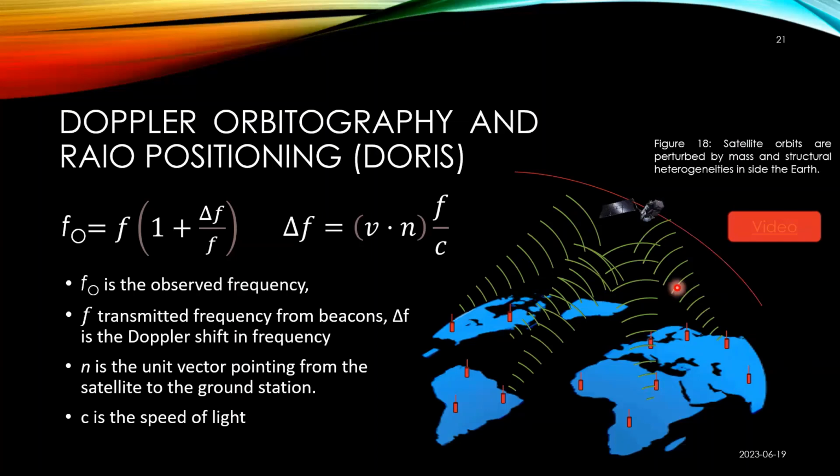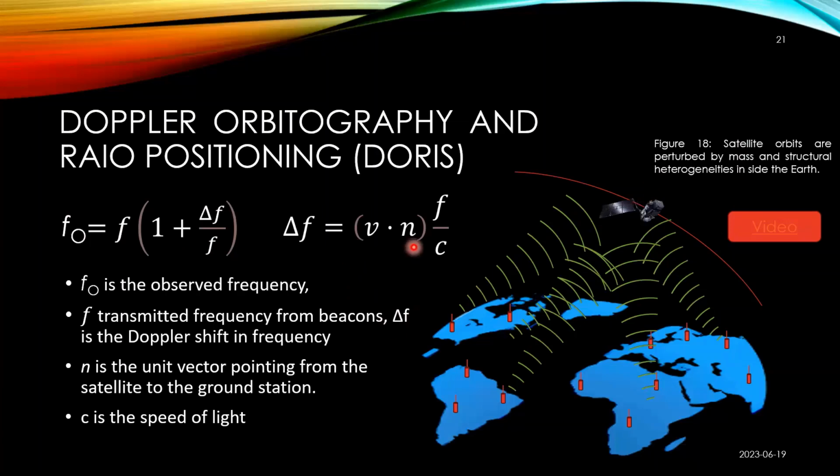This frequency difference, which is called Doppler shift, is measured. Here, f is the transmitted frequency from the beacon. It is sent to the satellite, and the antenna sends it back.